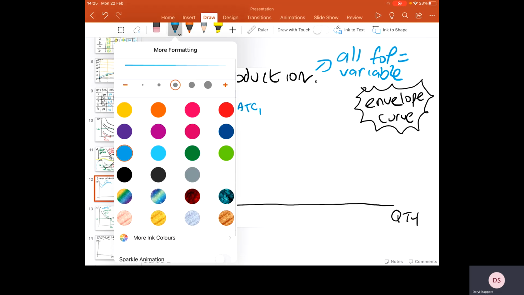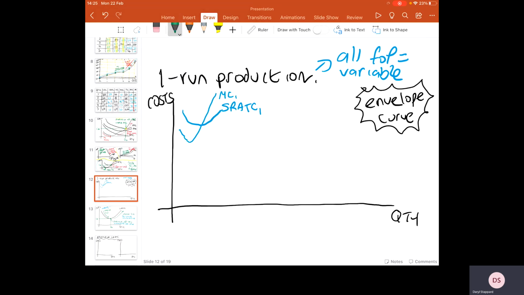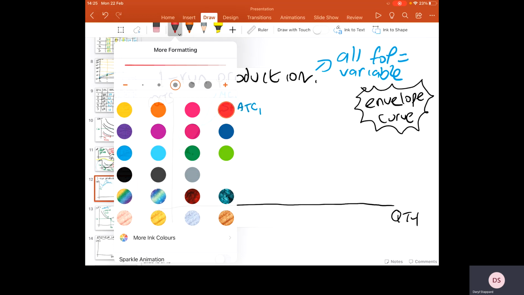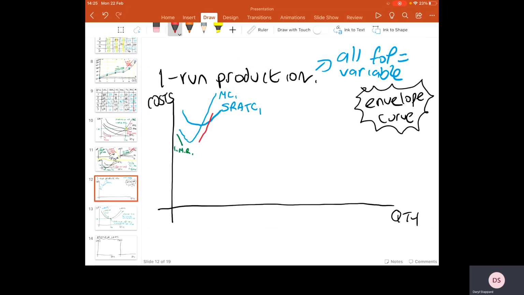What we know is in the short run, firms benefit from increasing marginal returns, but then once they scale production up beyond a certain level in the short run, they suffer from diminishing marginal returns. Now remember that marginal cost will always cut average total cost at lowest ATC.